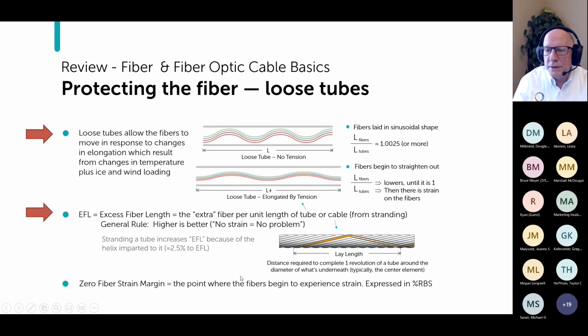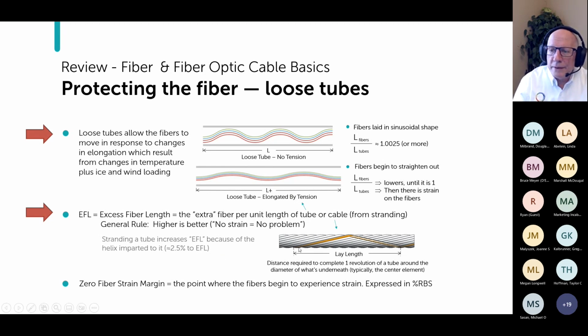You can further increase EFL in a cable by taking a tube and stranding it. And that's going to be important later when we look at certain OPGW design types. When you strand it, you have a lay length, and a lay length is the distance that it takes a tube, or another element for that matter, to go a complete revolution about whatever is underneath, typically some center element.